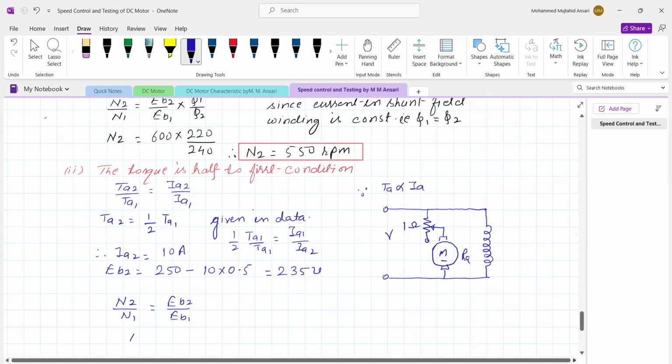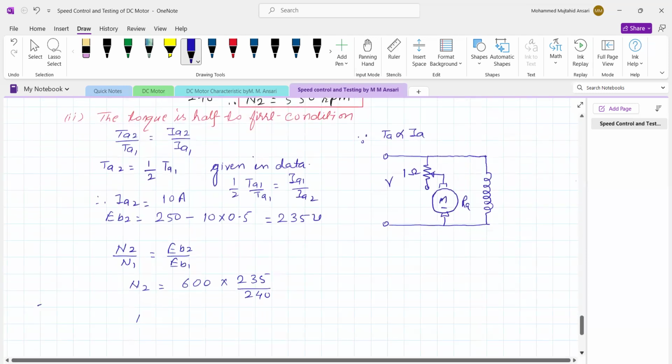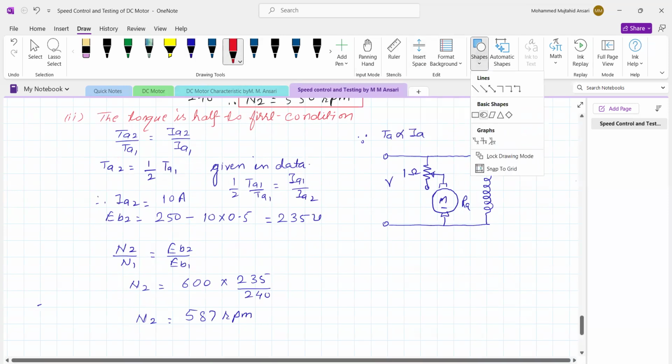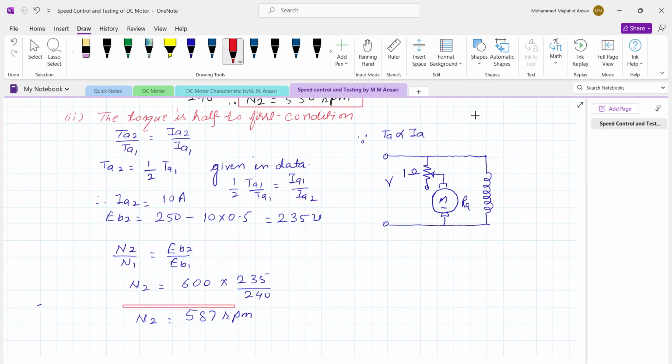So N2 is equal to 600, which is N1, multiplied by EB2, 235, divided by 240. So the speed will be 587 RPM. So when the torque is half, the speed drop or speed change will be smaller. And when the load on the motor is more, the speed variation will be higher.